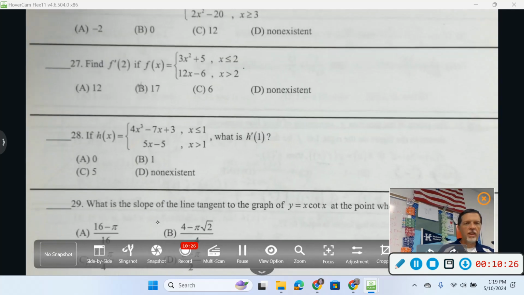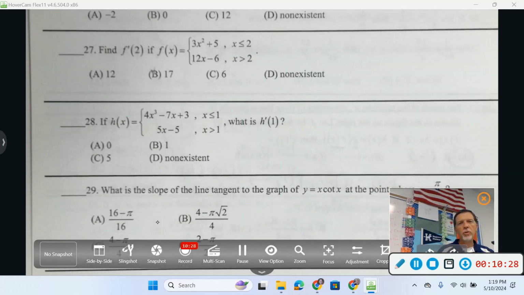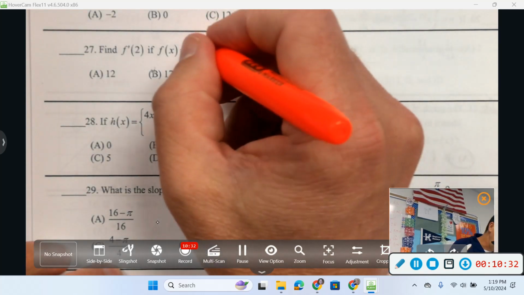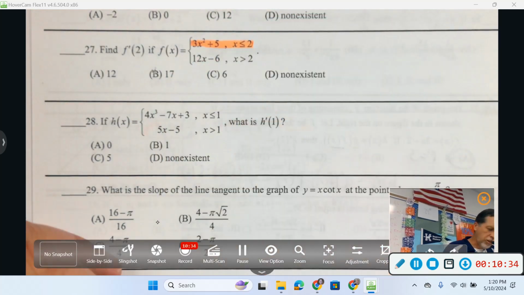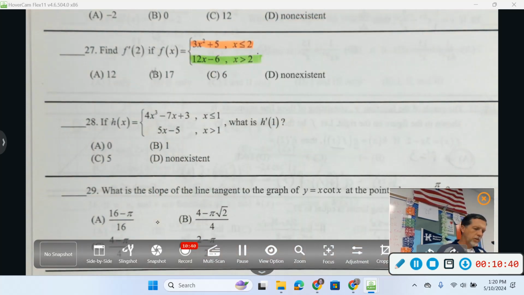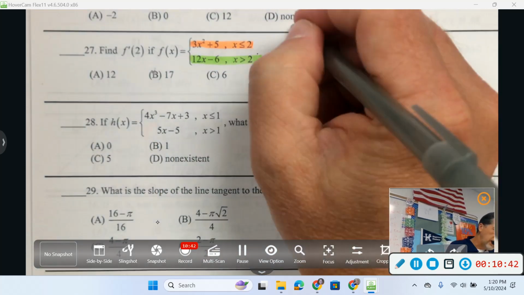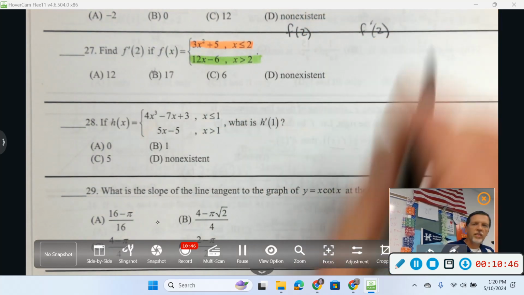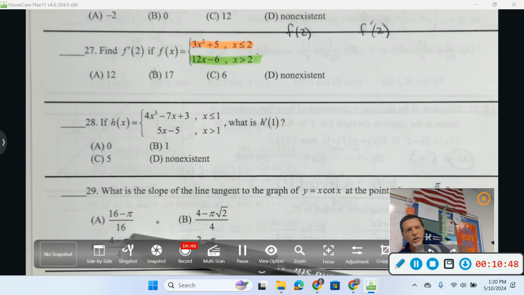Number 27, f prime at 2. Oh, this is one of those weird ones where we're changing functions at 2. So we need to check a couple of things, what's going on here. We need to check the function at 2 to see if the orange one and the green one meet at the same spot, right?